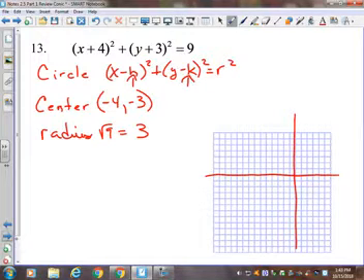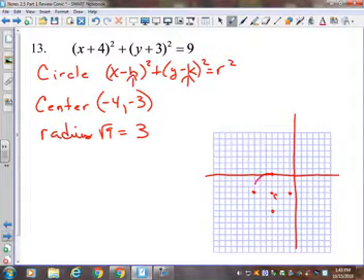So we've got to plot our center at -4, -3. 2, 3, 4, 1, 2, 3. There's our center. To make a circle, you count up, down, left, and right, that radius. So I go up 3, I go to the left 3, I go to the right 3, and I go down 3.